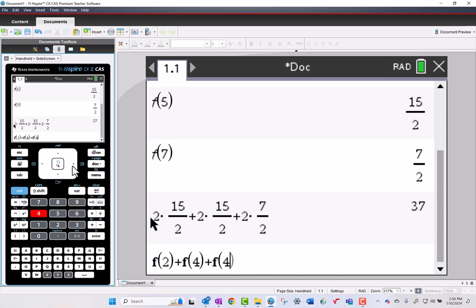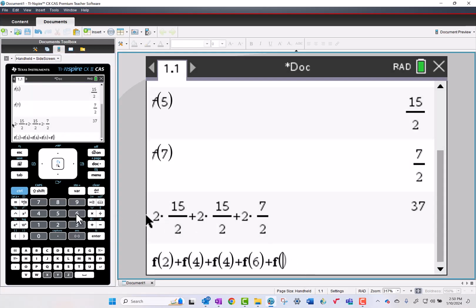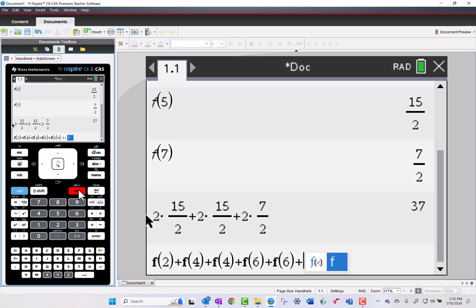F of 4 plus F of 6. Okay, then my third trapezoid is F of 6 plus F of 8.